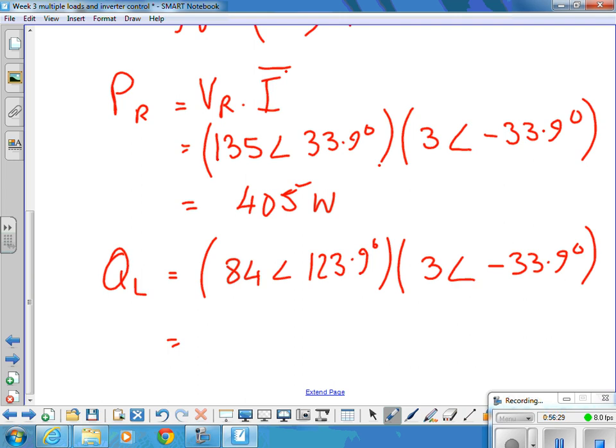So 3 times 84, 252. What should the angle be? It is 123.9 take away 33.9, 90 degrees.